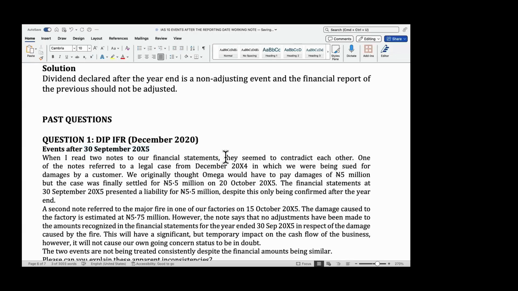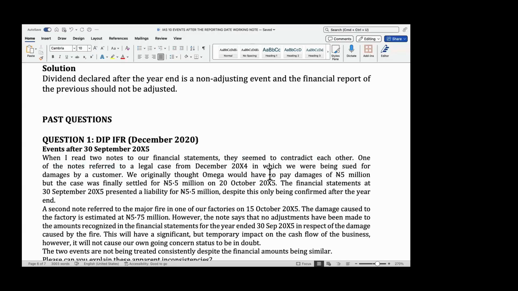So he said he was reading their notes and he saw some contradictions. The note referred to a legal case from December 2004, during the last year, where they were being sued by a customer.